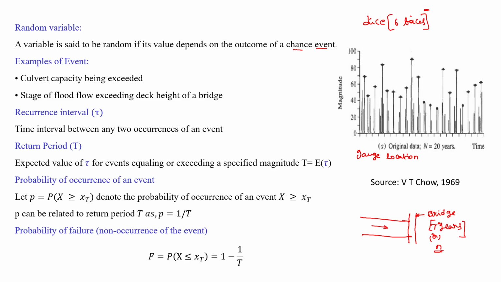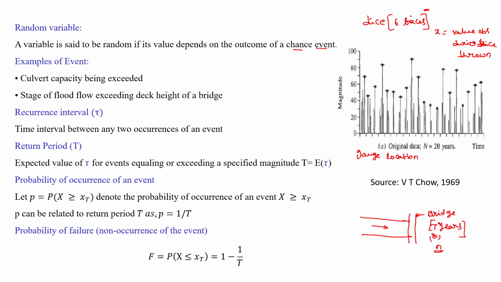Let's say you roll the die, and X is one variable which indicates the value observed during the dice throw.